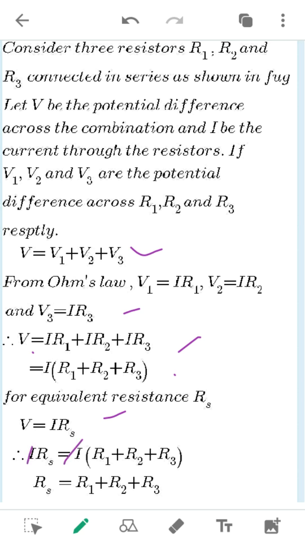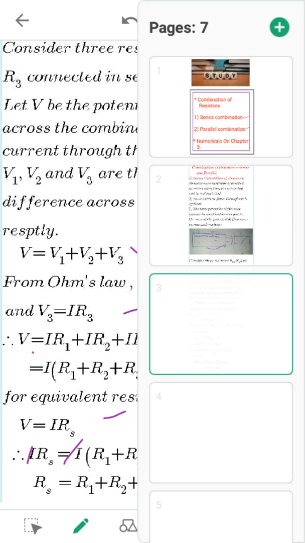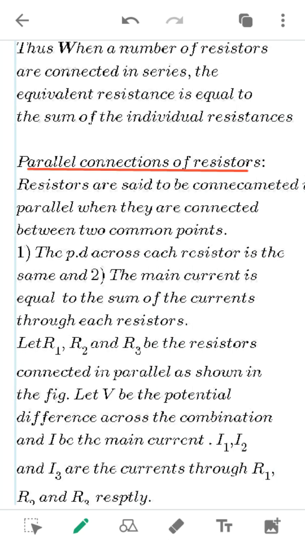I and I get cancelled, so we are left with RS equal to R1 plus R2 plus R3. This is the series combination of resistors. When n number of resistors are connected in series, the equivalent resistance is equal to the sum of the individual resistances.